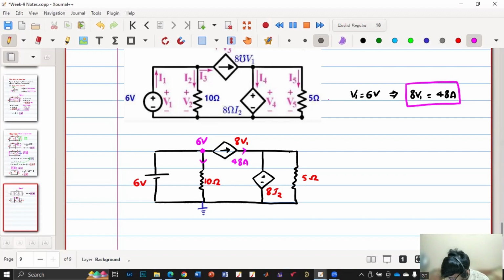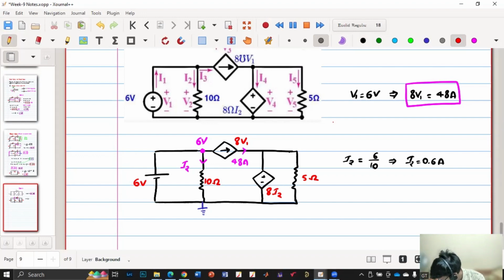Can you tell me what is I2? Okay, 0.6, Mia Farhan has mentioned 0.6. Do you agree? 6 by 10, right? I2 is 0.6 amperes.